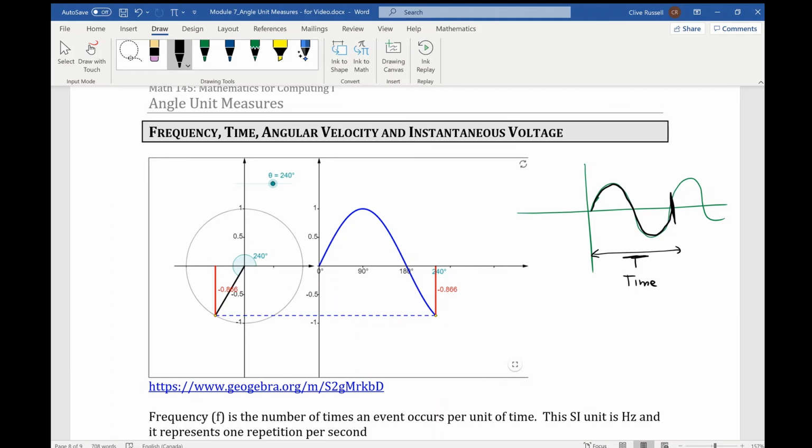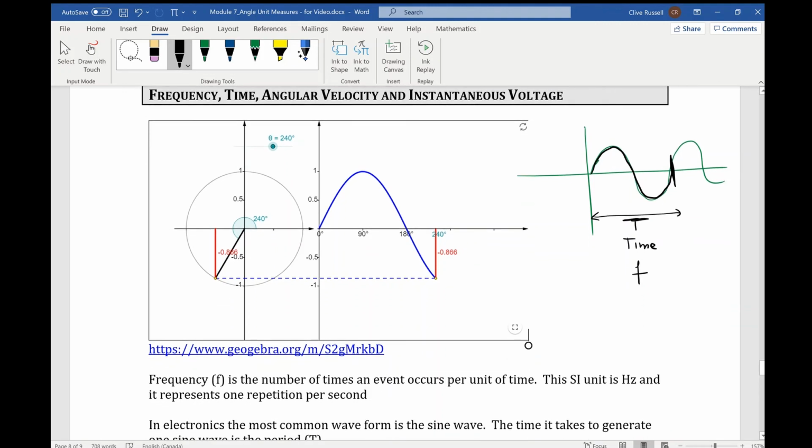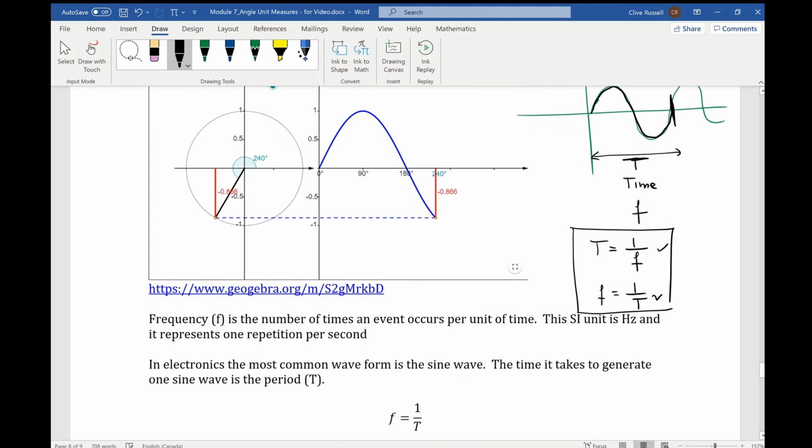Now, the number of cycles per second is called the frequency. Frequency is the number of cycles per second. Now, there is a relationship between T and f. So T is equal to 1 over f. Also, f is equal to 1 over T. This is something good to keep in mind: the frequency is 1 over the time, and the time is 1 over the frequency.